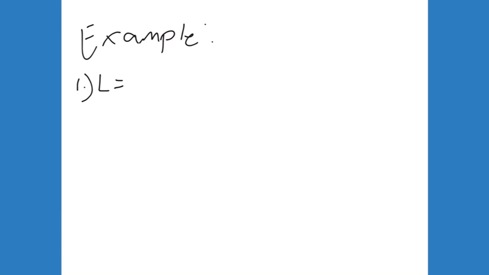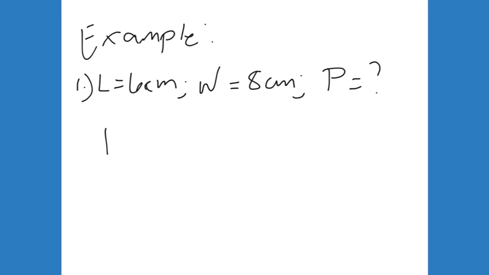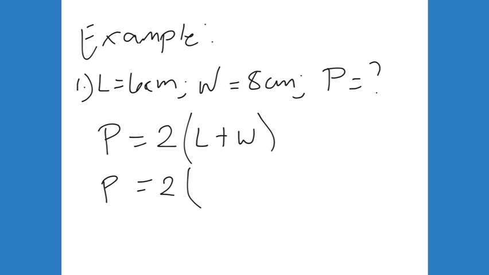If the length of a rectangle is 6 cm, then the width is equal to 8 cm. What is the perimeter of the rectangle? Using the formula, P is equal to 2 times length plus width. So P is equal to 2 times our length, 6 cm, plus our width, 8 cm.